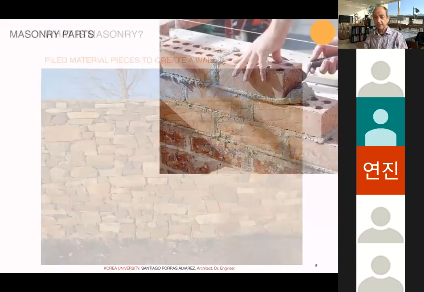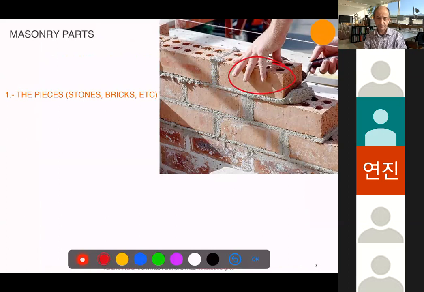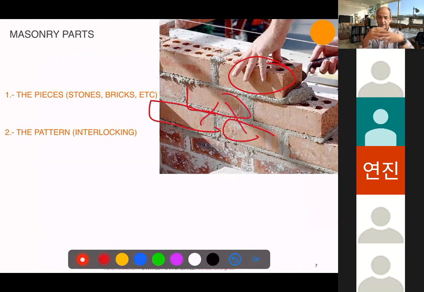So which parts can we distinguish in masonry? Well, first, very clearly, the pieces we put together, in this case, bricks. Then we have the interlocking pattern, so the finished wall will be strong, more difficult to break. And finally, the bonding material, the glue. In this case, it is cement mortar.